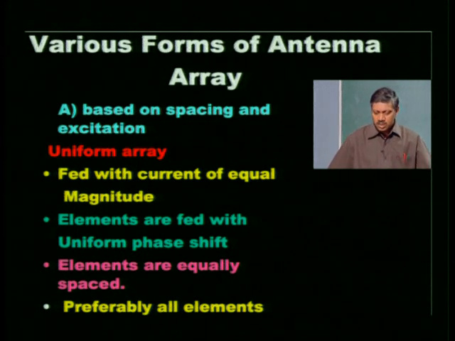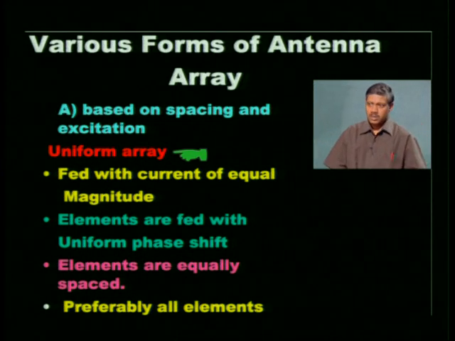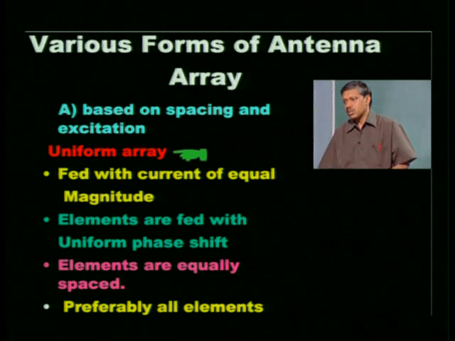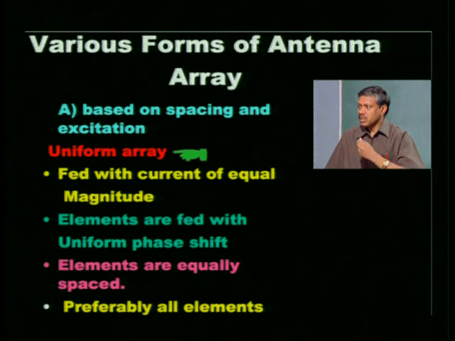Based on this, you will come across an antenna array called the uniform antenna array. Uniform antenna array is a common terminology you will come across when you pick up any book and start reading about antenna arrays.